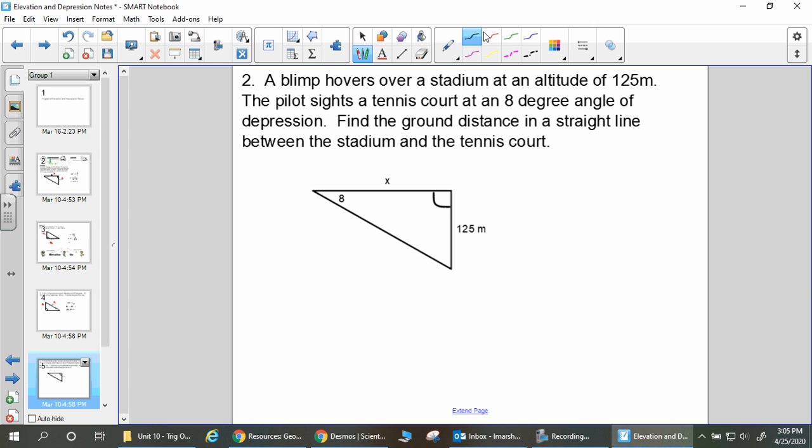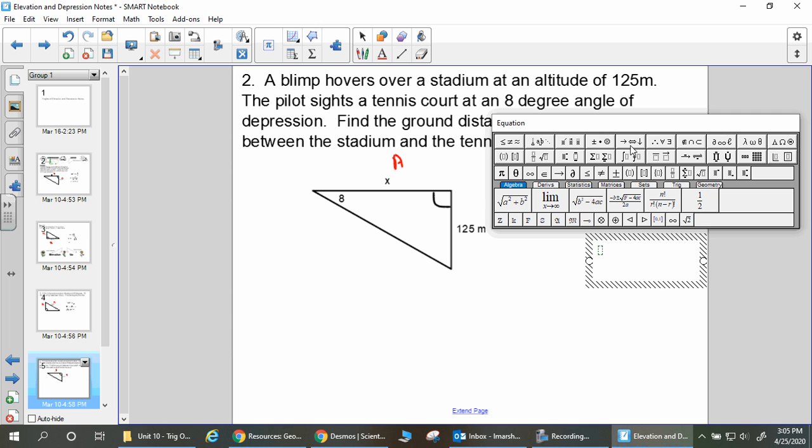So in this case, hypotenuse is empty. Here's my opposite. That makes this adjacent. So I am looking at the tangent of 8 equaling my fraction opposite 125 over adjacent, which is x. So again, multiply both sides by x, divide both sides by the tangent of 8, and you're going to end up with 125 over the tangent of 8, and that's what needs to go into a calculator.